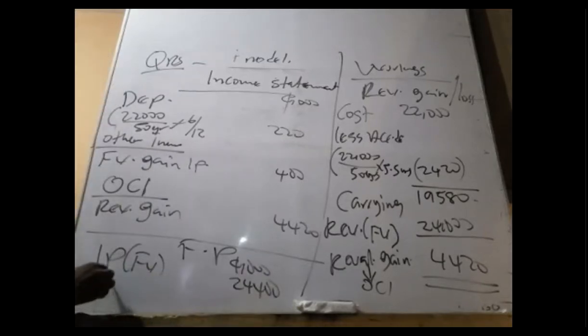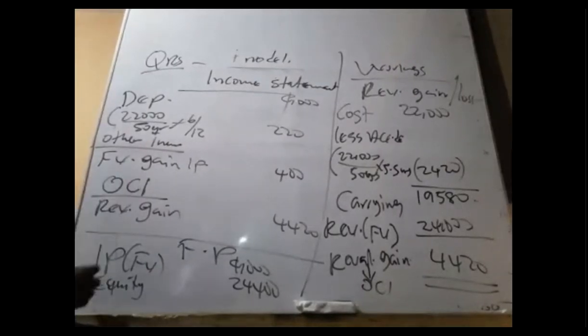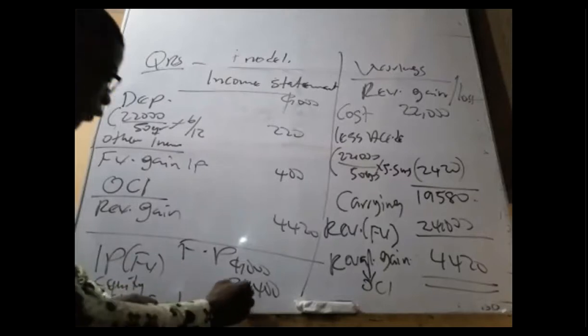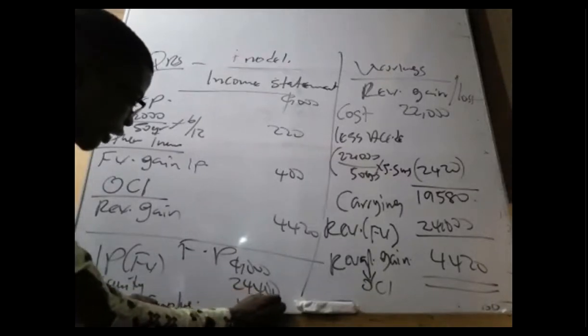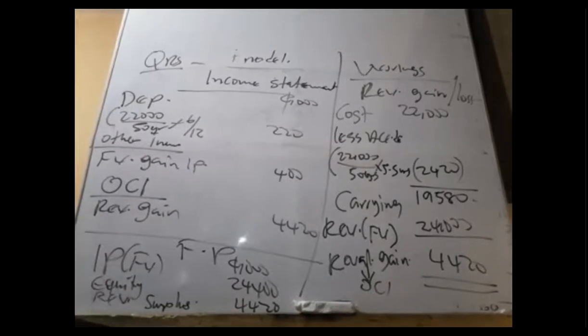Go to equity. Any figure that enters OCI also goes to equity. So write revaluation surplus, which is 4,420. That's the end of this particular transaction.